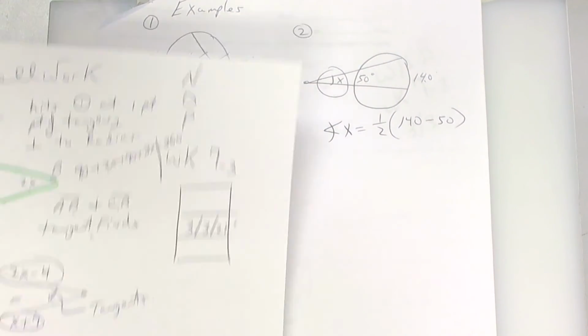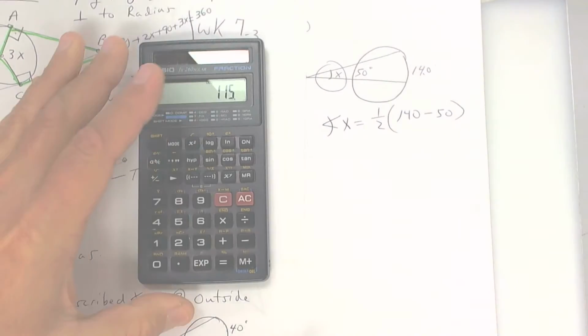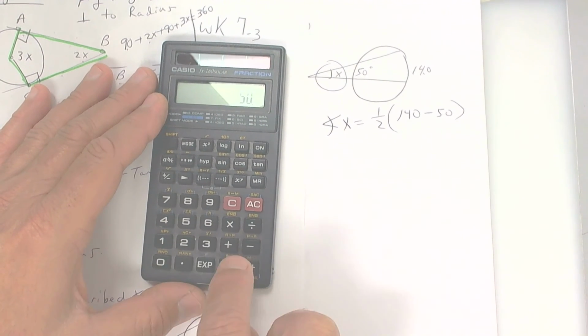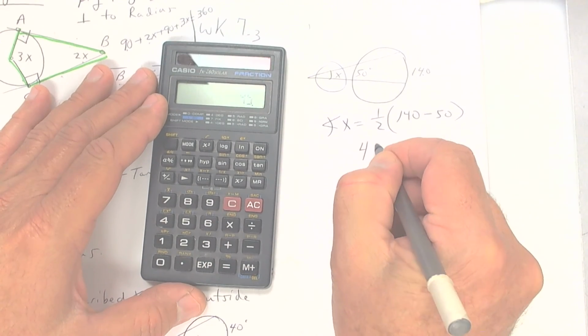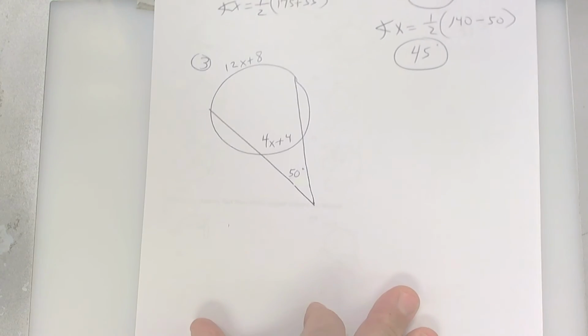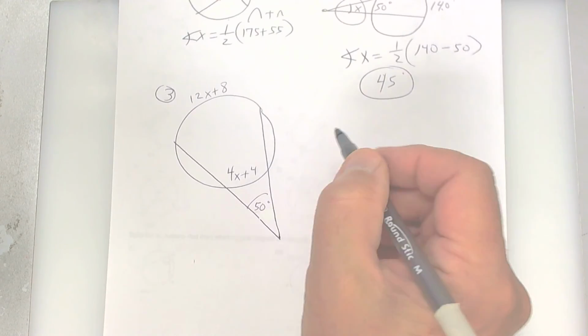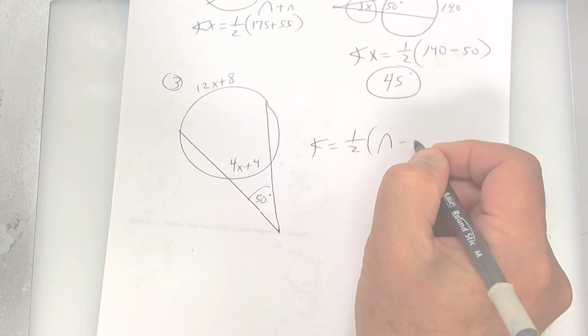So again, instead of adding this time, you're going to actually subtract. So take 140 minus 50, press equals, and then divide by 2. So you're going to use your formula sheet today. If you get stuck, I want you to ask. Okay, one more. This angle's on the outside. It's the same as this one. So the angle is equal to half of the big arc minus the little arc.